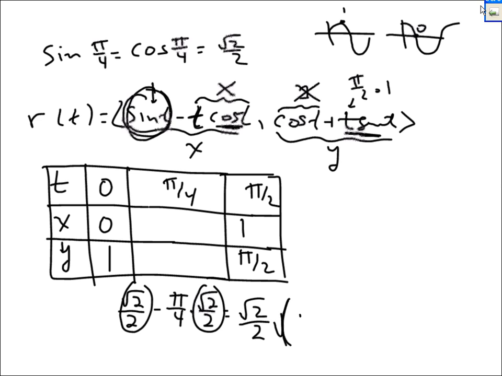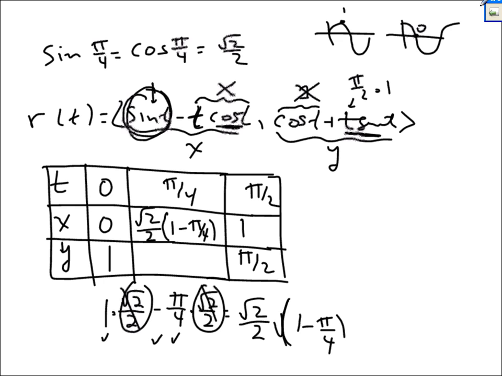So what's left over is 1 minus pi over 4. 1 times square root of 2 over 2 is the same as square root of 2 over 2. I factor this out, and I'm left with 1 minus pi over 4. That's what's left over. So that's the x value: 1 minus pi over 4.